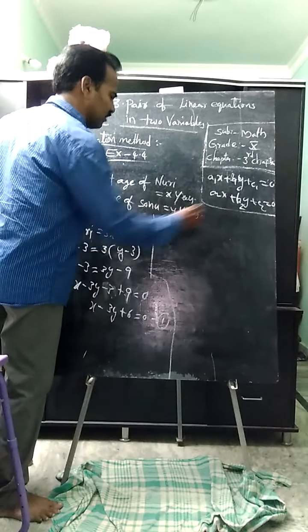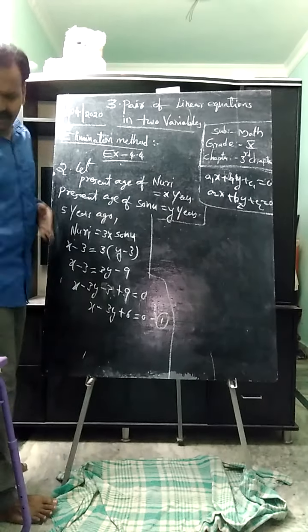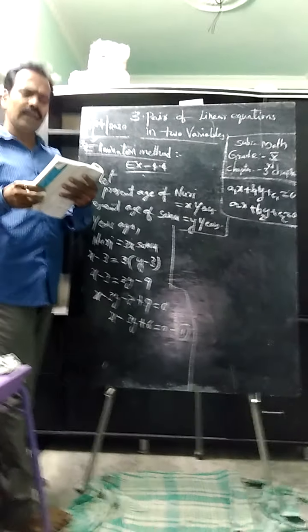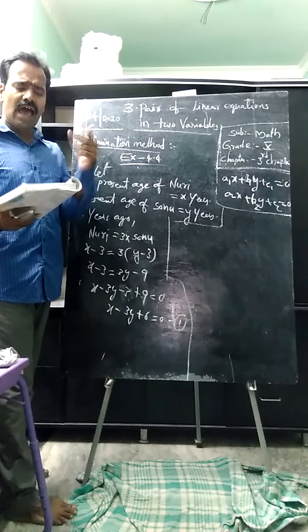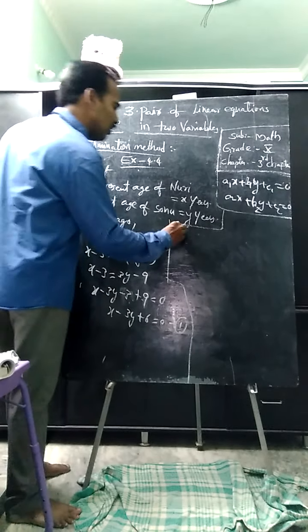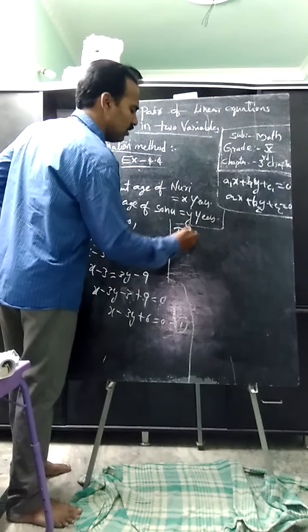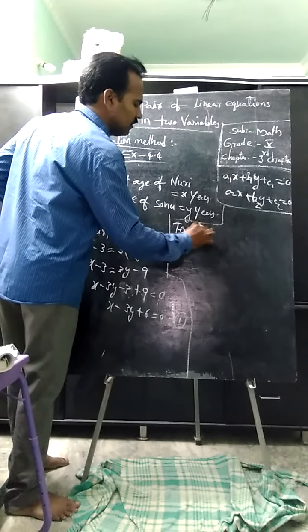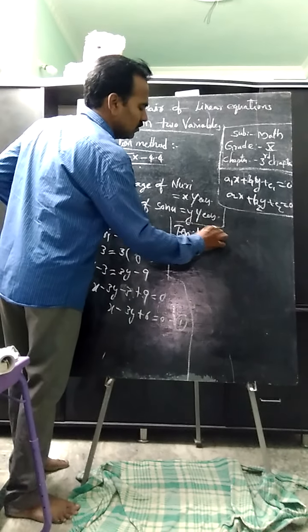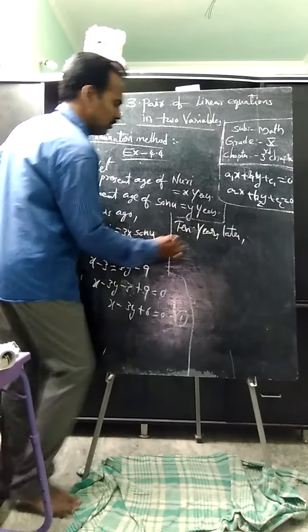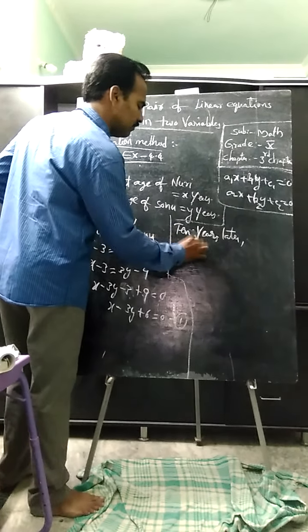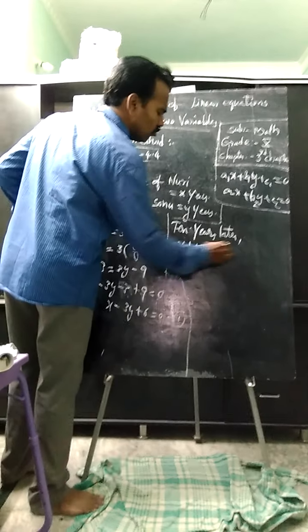Now the second condition, friends. The second condition is given that 10 years later, meaning after, Noori will be twice as old as Sonu. 10 years later means we add. Twice means what, students?